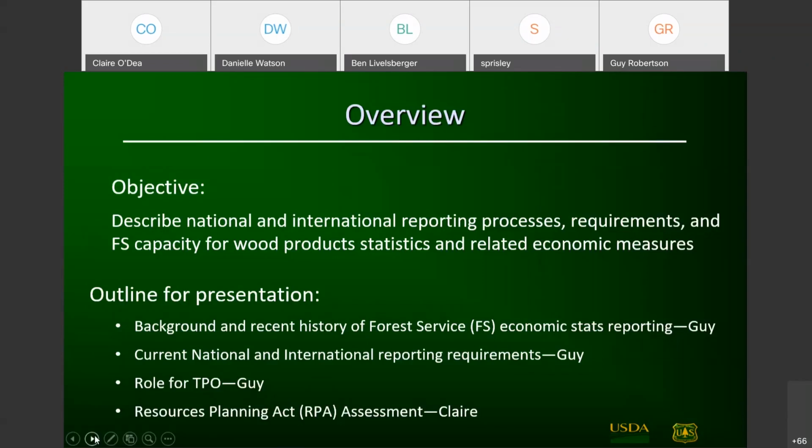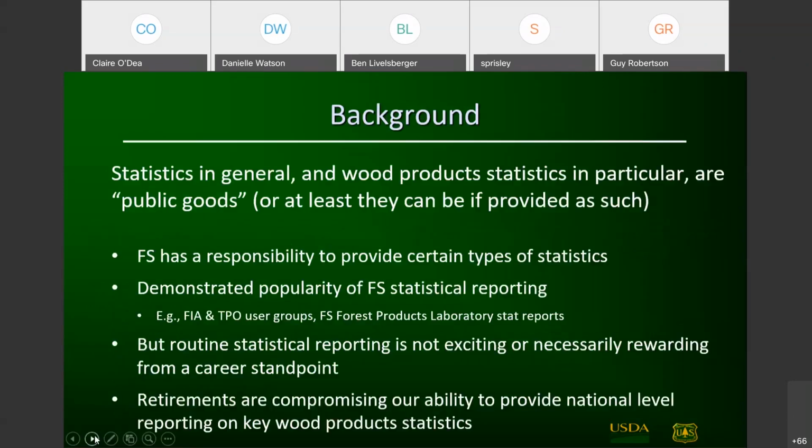And third, explore possible ways to reconstitute our capacity to produce comprehensive and consistent national statistics on a permanent basis, along with the possible ways TPO can help with that. At the end of my presentation, I'll be passing the microphone to Claire, who will talk about TPO and the RPA assessment.